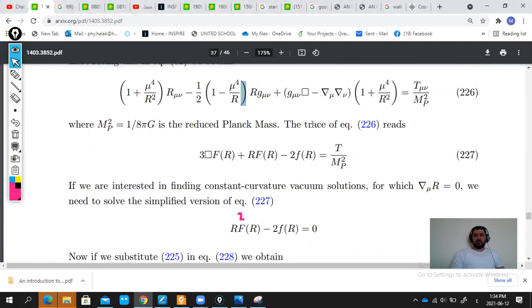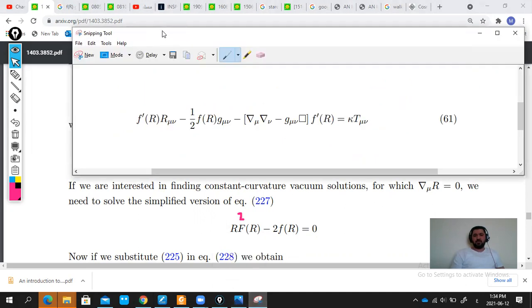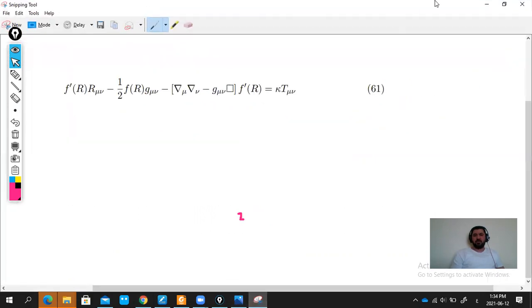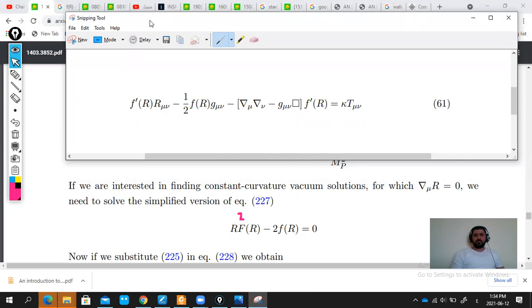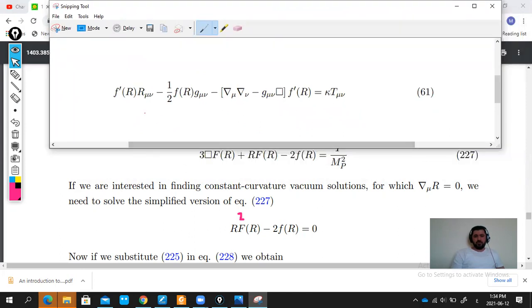Where M is the reduced Planck mass. Now the trace of this equation, if we take the trace of this equation, this is the trace actually. And we introduced this in the first lecture, how we can take the trace, just by multiplying by G mu nu.